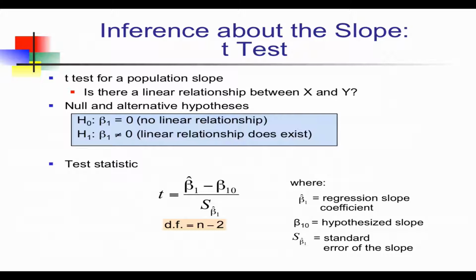In that case, your test statistic is beta hat 1 minus the null value, which is 1 in this case, over S. So this formula isn't restricted to testing whether the slope equals 0. It can be flexible to test any hypothesized value of the slope. Remember that.